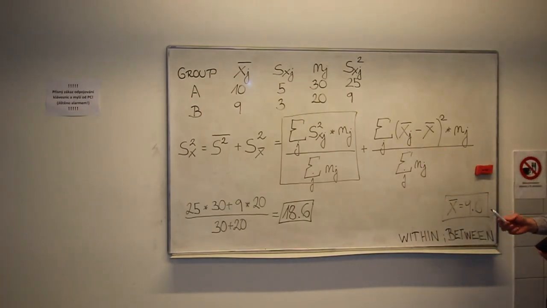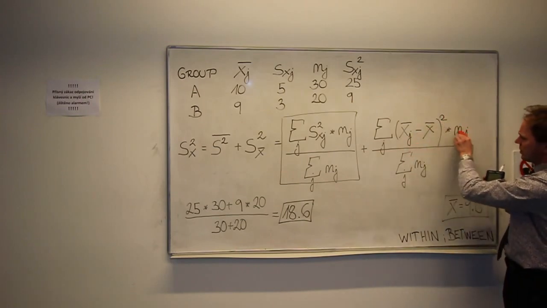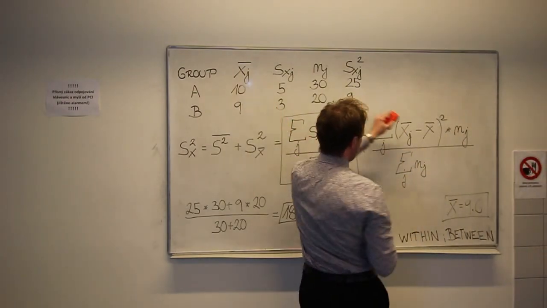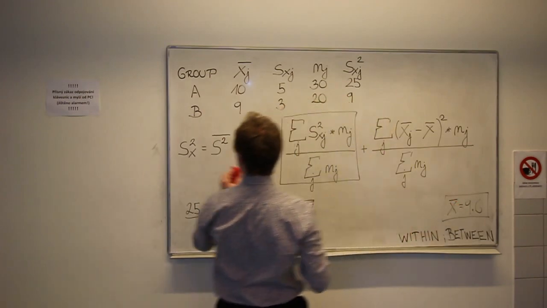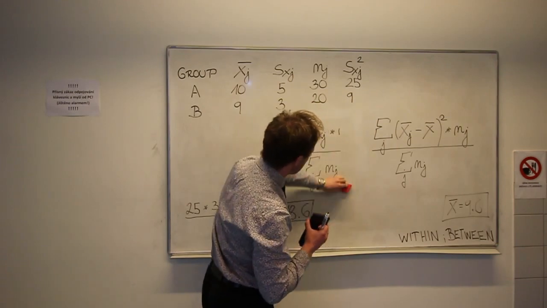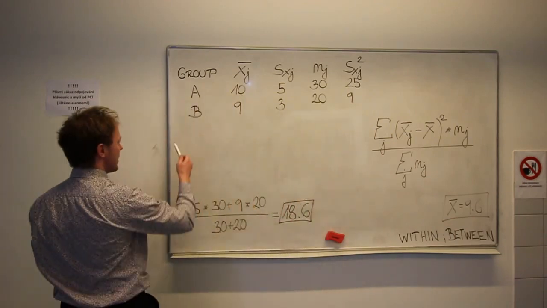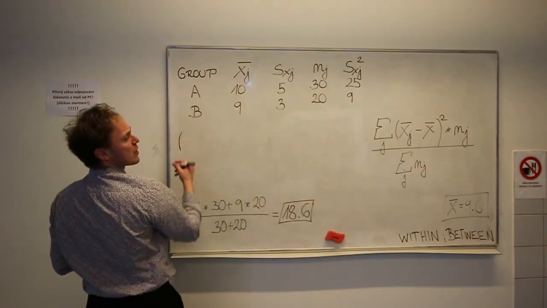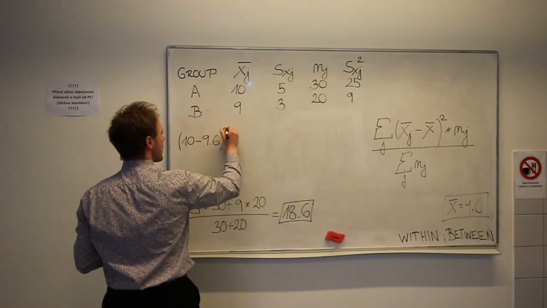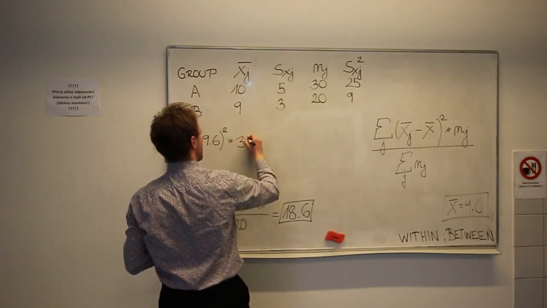What we need to calculate here are the weighted squared differences between the individual means and the total mean 9.6. So I will delete this and write these steps here. The first mean: 10 minus 9.6 squared, weighted by the number of observations 30.